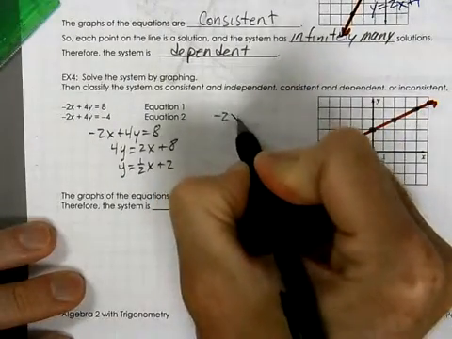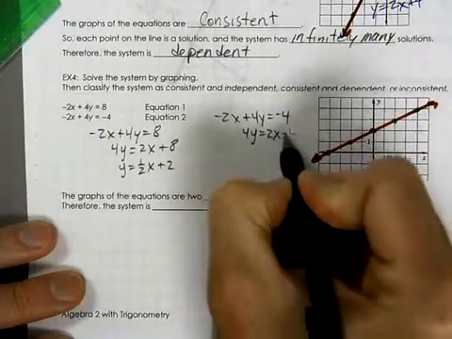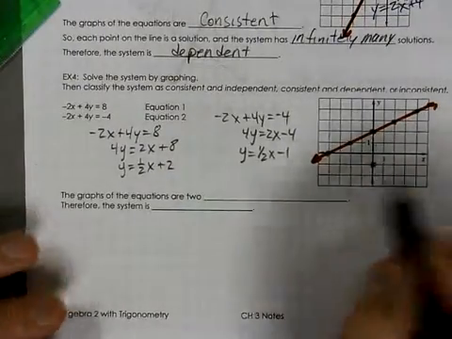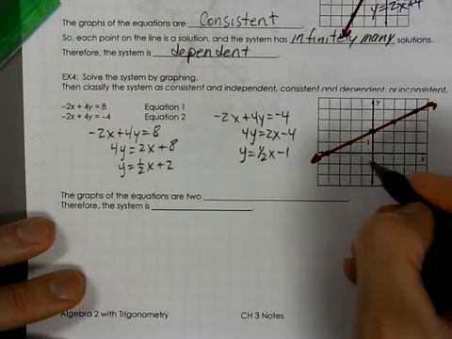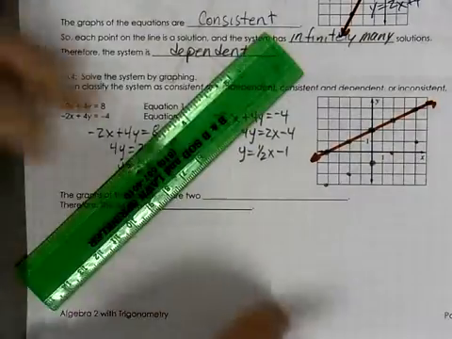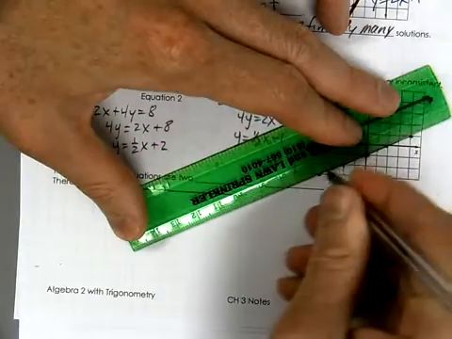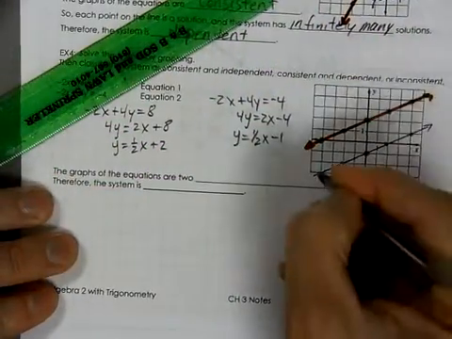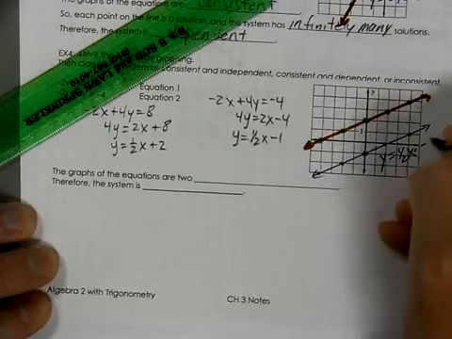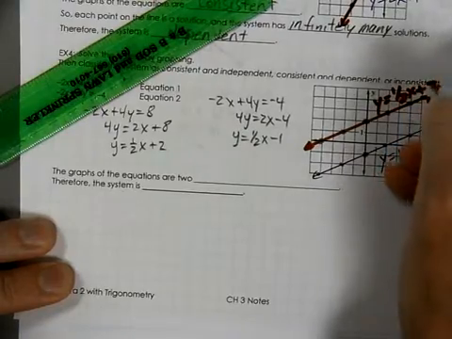Our second equation has a y-intercept of -1, up 1 over 2, up 1 over 2. Sounds familiar. So we have y equals 1/2 x minus 1, and we have y equals 1/2 x plus 2.